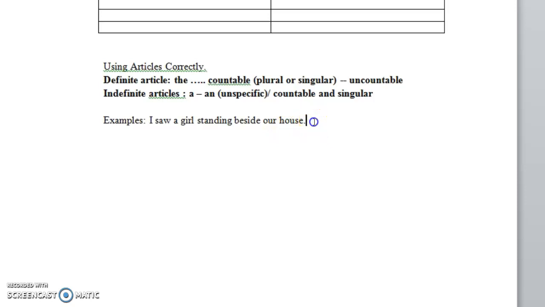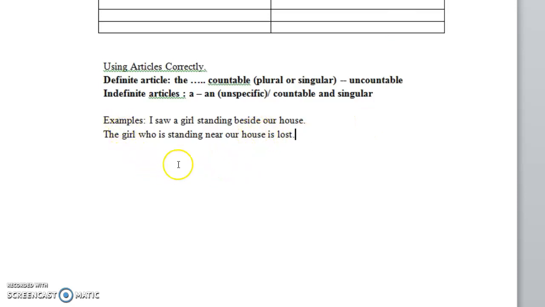I saw a girl standing beside our house. This girl is not defined, so we use a. The girl who is standing near our house is lost. Now, if you notice here, I defined the girl.